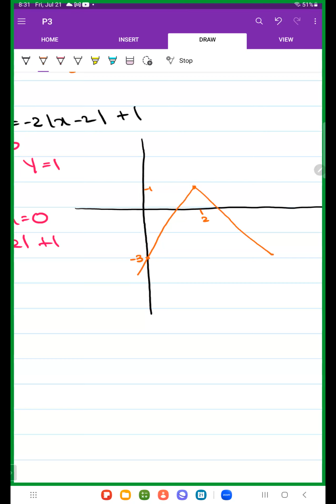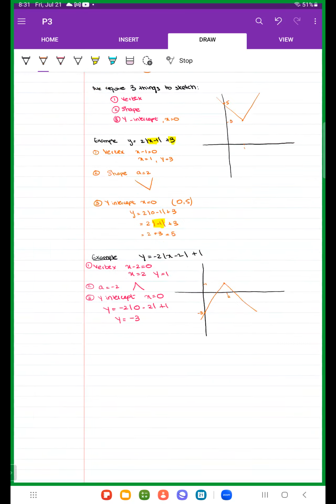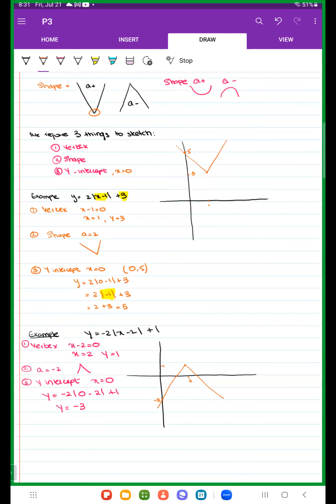So these are the three things you will have to know to draw any kind of curve, okay? Now let's look at modulus equations. These were the graphs. So these are the two types of graphs that can come. It can either be a positive shape where the A is positive, or it can be a negative shape where the A is negative, all right?